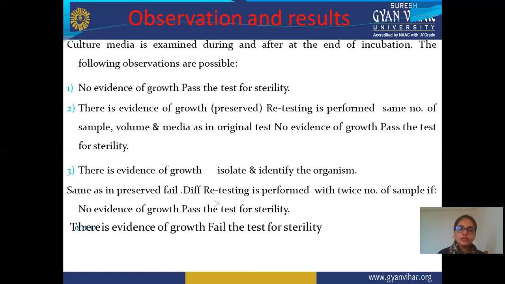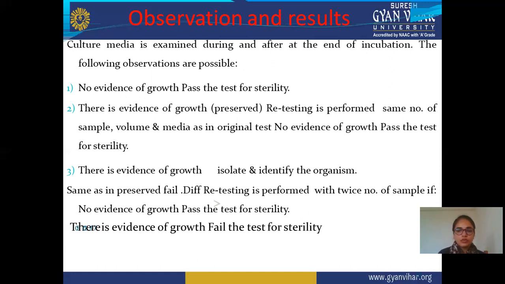And if there is evidence of growth, then retesting is performed with the same number of samples, volume, media, and original test. If there is no evidence of growth, it passes the test for sterility. Means if there is no growth, then your container or formulation has passed the test.